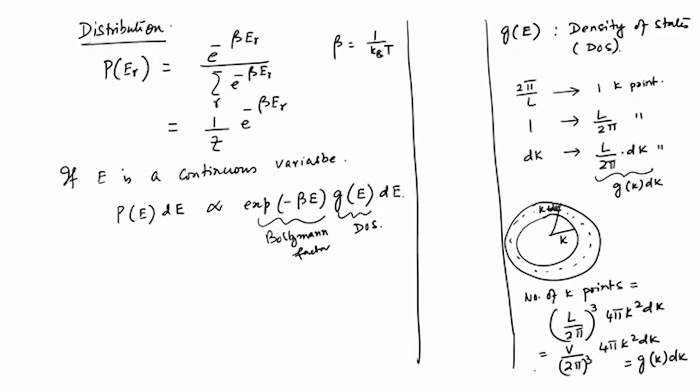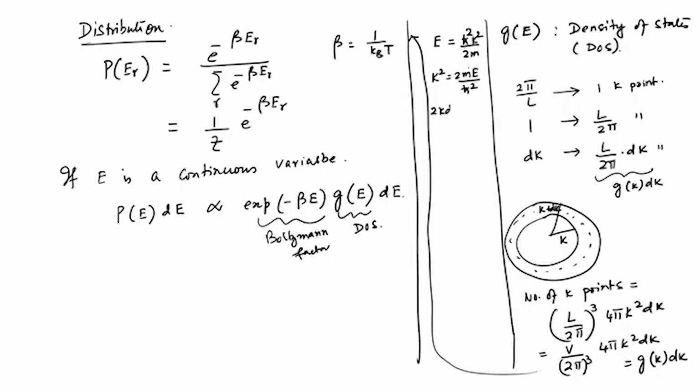So, let us suppose we take a non-relativistic, parabolic dispersion, then E equals h cross square k square by 2 m. So, k square is equal to 2 m E by h cross square. So, we get a k square here, and now we have to get a dk. So, 2 k dk is equal to 2 m by h cross square dE.